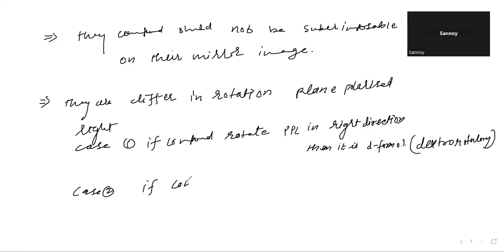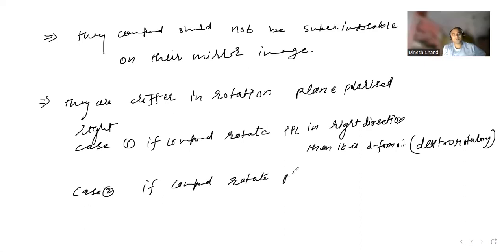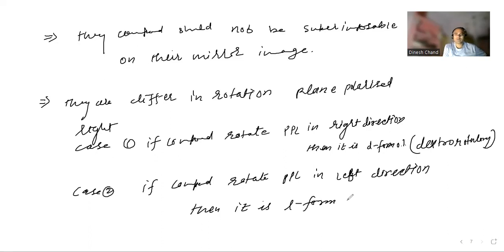Case 2: if the compound rotates plane polarized light in the left direction, then it is l-form, that is called levorotatory.